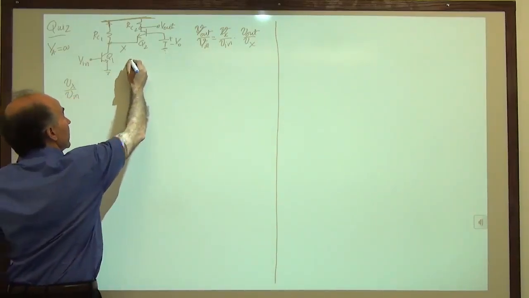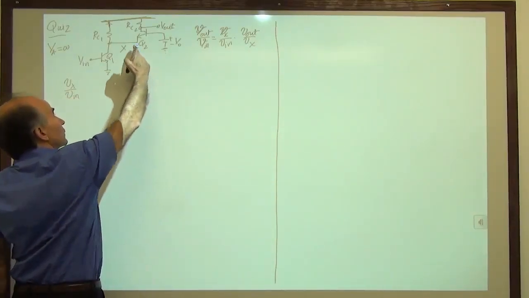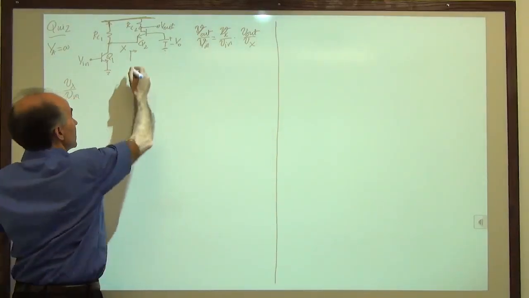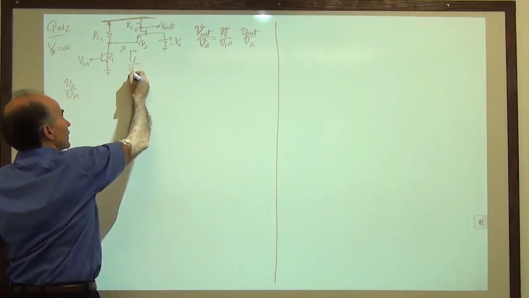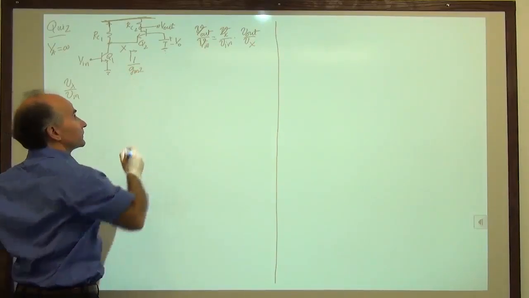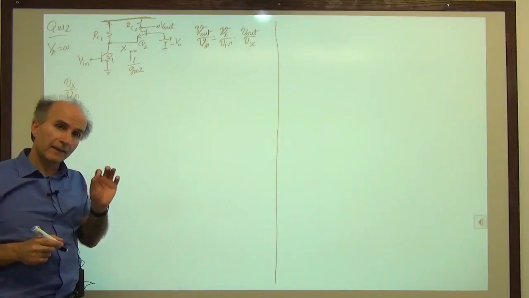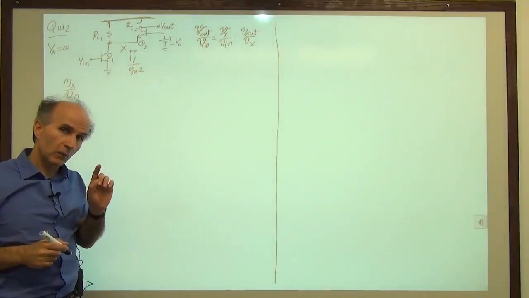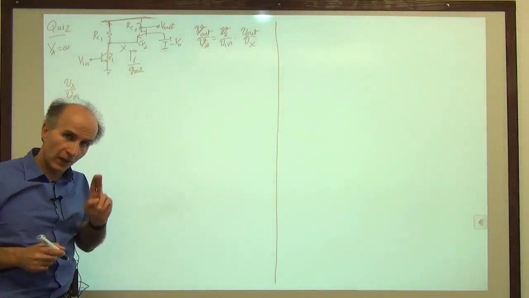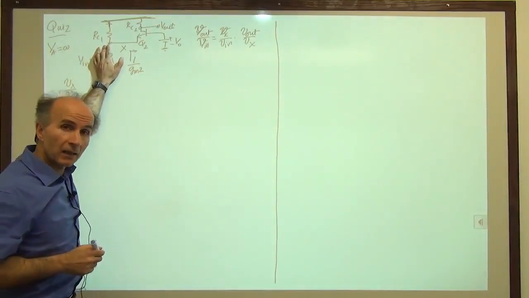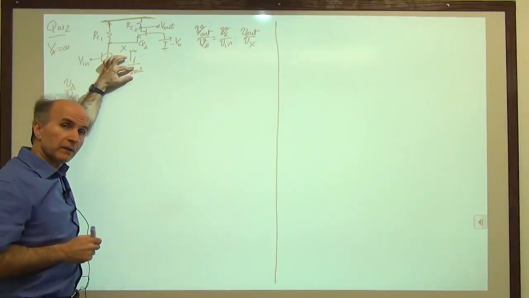Remember from the previous page that looking into the input of a common base stage, you see approximately 1 over Gm of the transistor. So the total resistance tied between the collector of Q1 and AC ground consists of RC1 in parallel with 1 over Gm2.